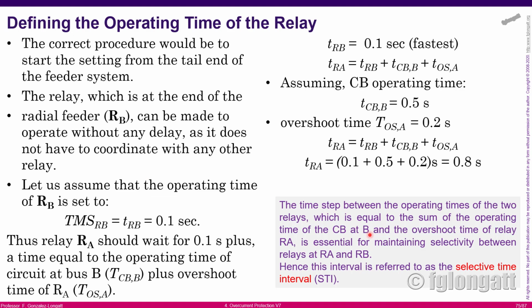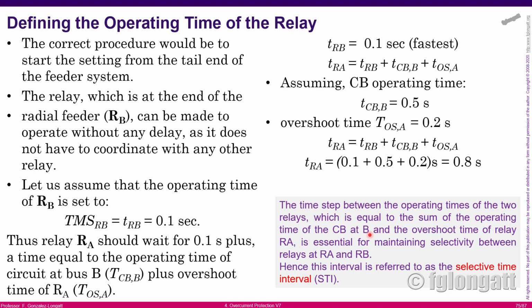Probably this is a bit confusing for my students, but I will try to show you very simply. We are using definite time relays. That means relay B has a time setting that can be adjusted. In this case, we select the minimum. Why do we select the minimum?